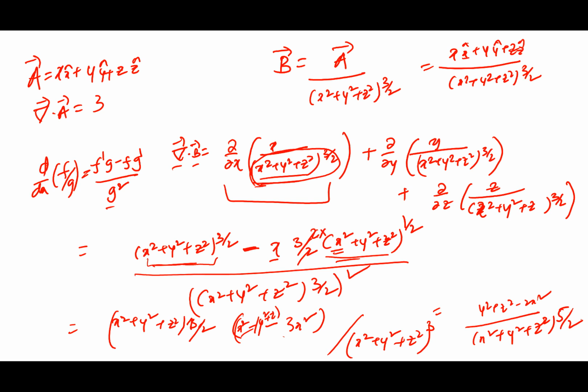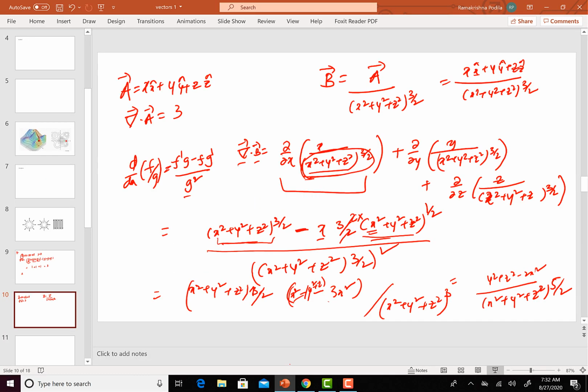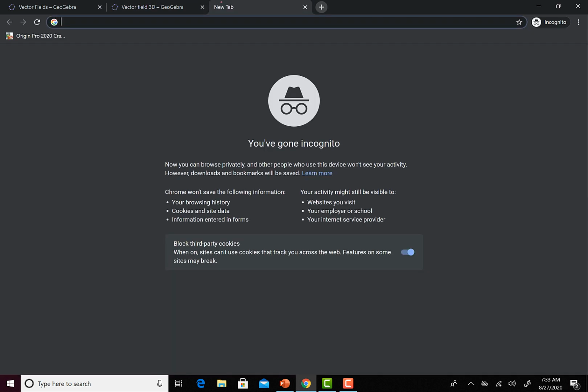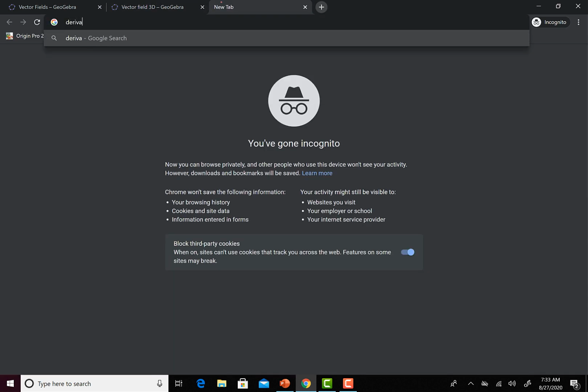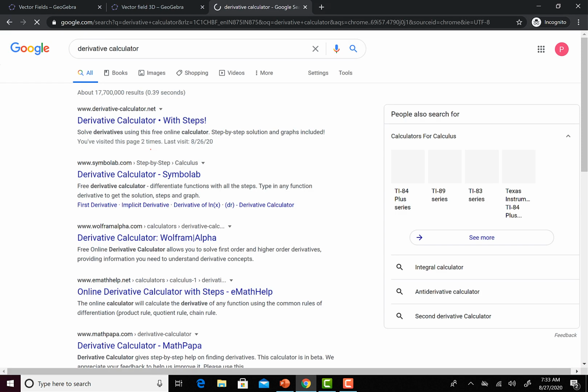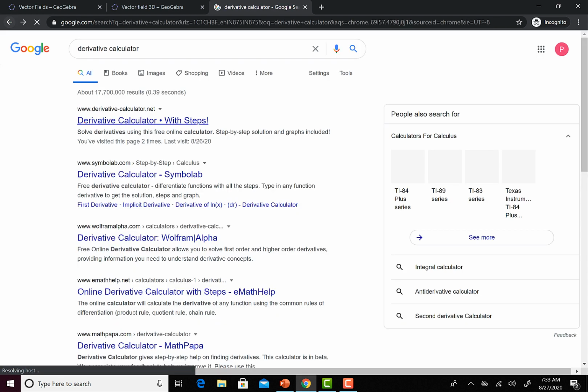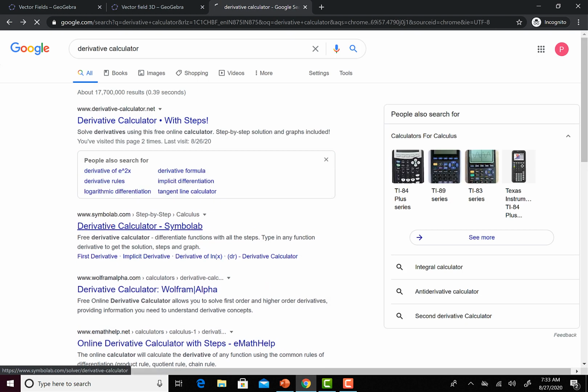And then we can check this out very quickly using the derivative calculator, just in the interest of time. So we can use a derivative calculator, like the one from Symbolab.